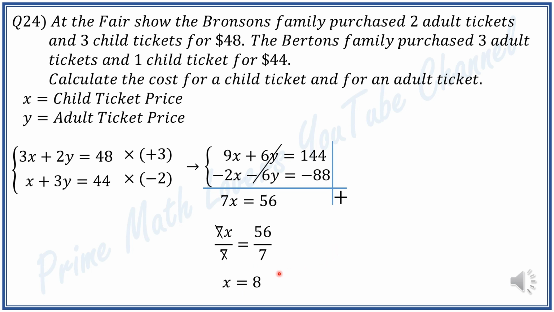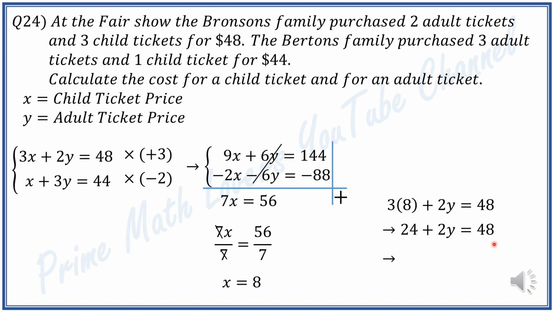Now we replace x with 8 in one of the original equations. Let's use the first one. 3x plus 2y is equal to 48. I replace x with 8. So 3 times 8 plus 2y is equal to 48. 3 times 8 is 24. 24 plus 2y is equal to 48.